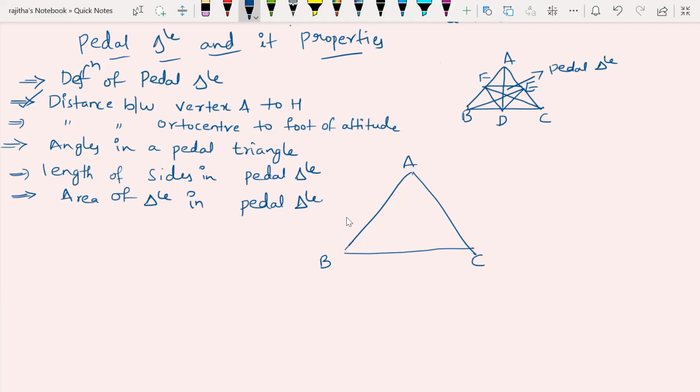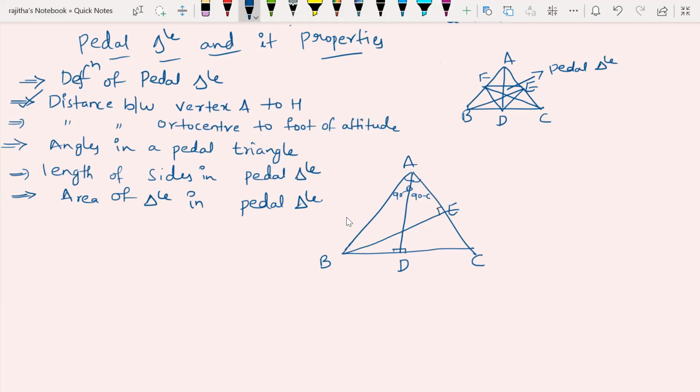See here, AD is the foot of altitude, makes 90 degrees. In this foot of altitude, here is B. This angle is 90 degrees. This angle is B. What about this angle? 90 minus B. Similarly, here is 90 minus C. Similarly, one more foot of altitude BE.